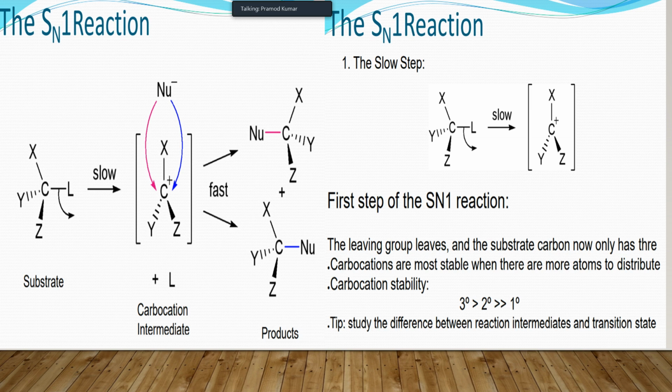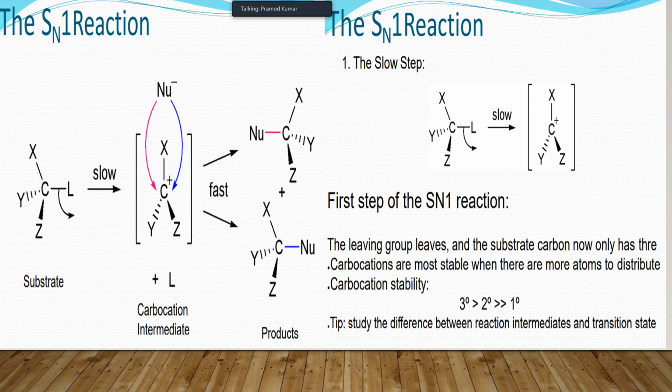This is the reason why we get a racemic mixture: there is equal probability of attacking from the front as well as the back side. So in SN1 reaction, the stereochemistry is a racemic mixture.